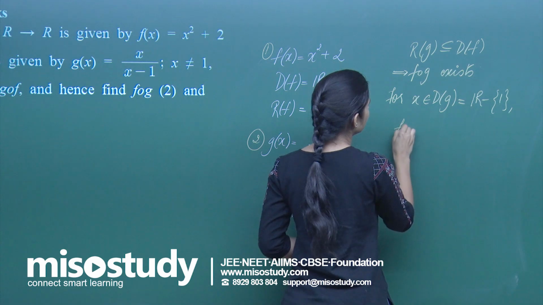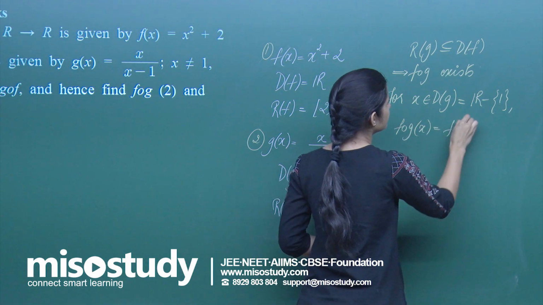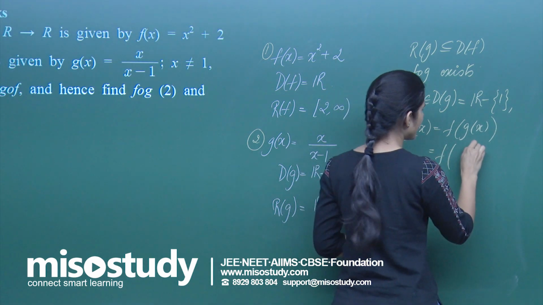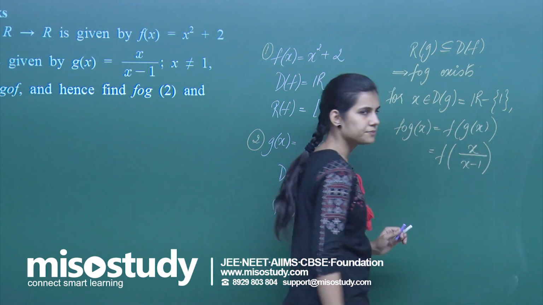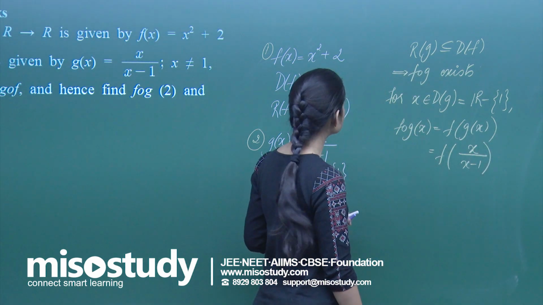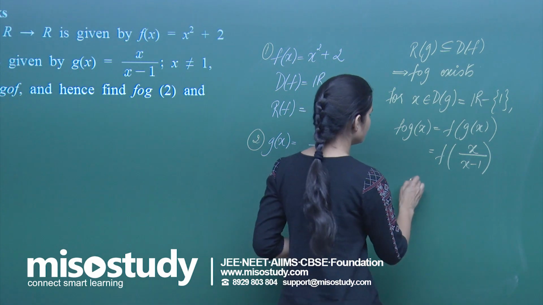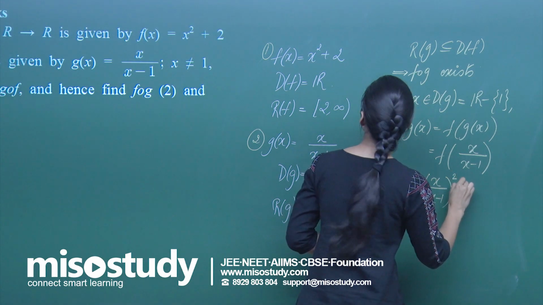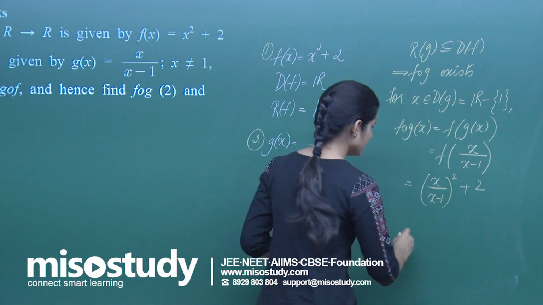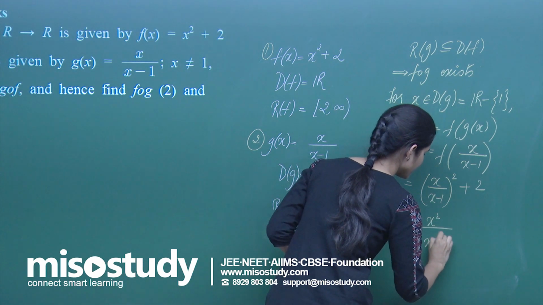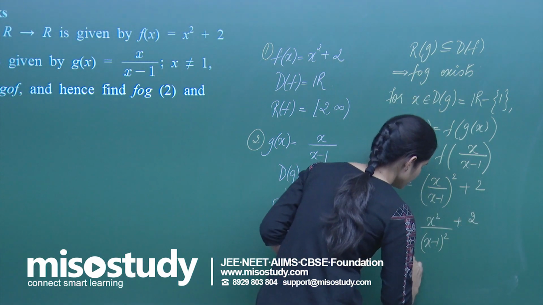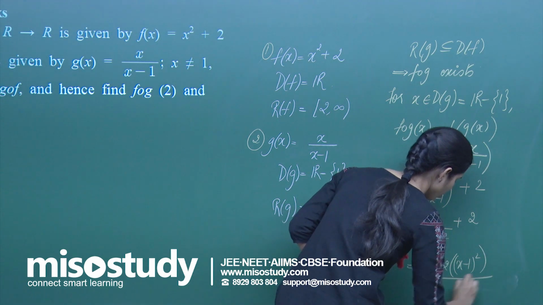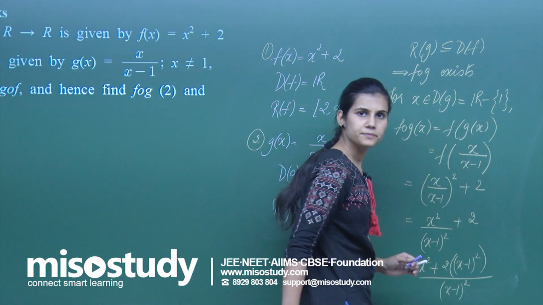For x belonging here, FOG of x is f of g of x, which is f of x upon x minus 1. When you put it over here, that means (x upon x minus 1) whole square plus 2. This gives you x square upon (x minus 1) whole square plus 2, which gives me x square plus 2 times (x minus 1) whole square, whole upon (x minus 1) whole square.